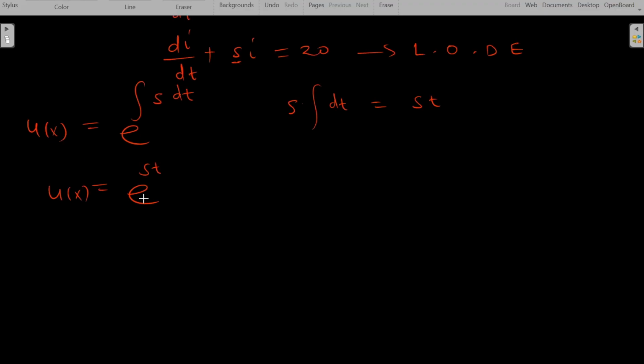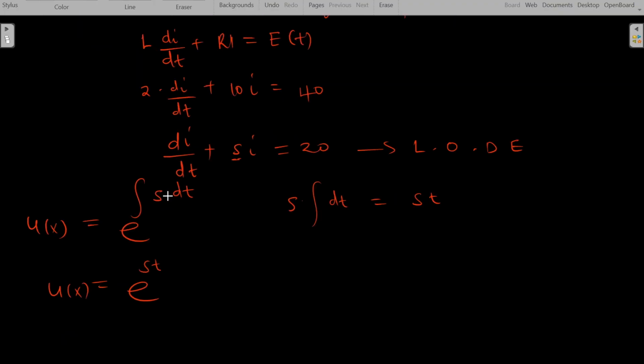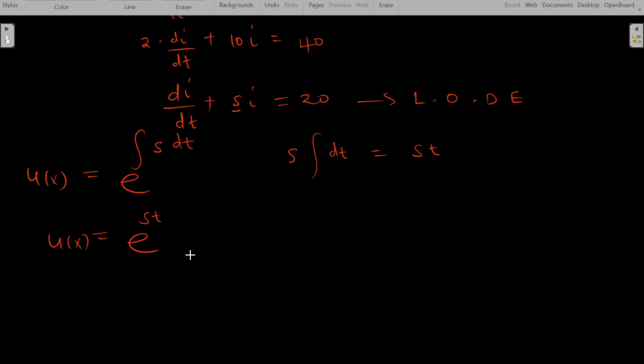To solve this differential equation, we take the integrating factor and multiply it through all terms. So e raised to 5t multiplied by di/dt plus e raised to 5t multiplied by 5i should give me 20 multiplied by e raised to 5t.